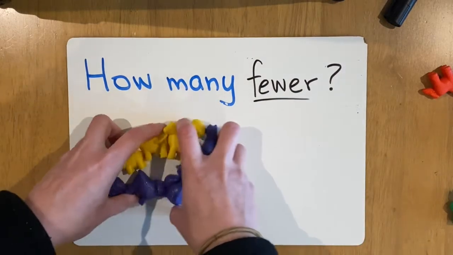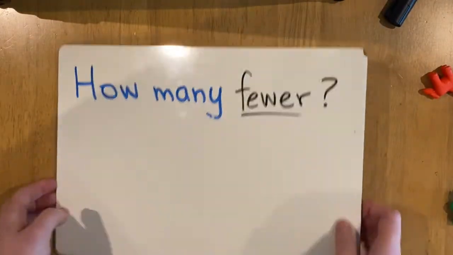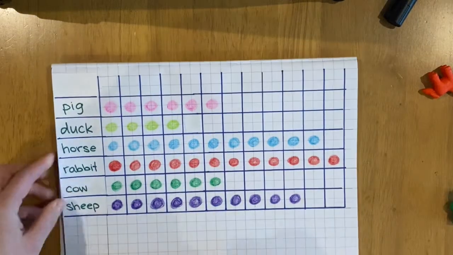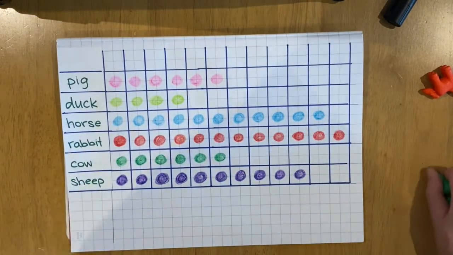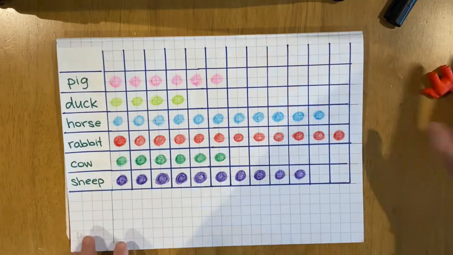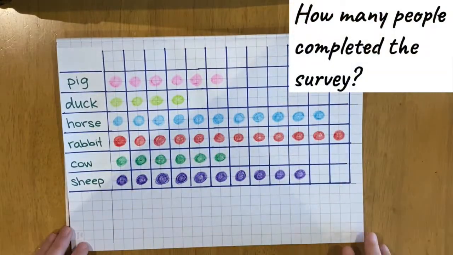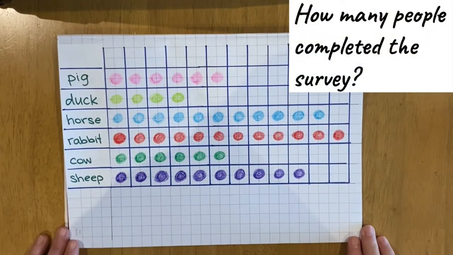So now that we've done some revision about more and fewer, we are going to be looking at our pictogram that we made yesterday, and we're going to be gathering some information about it. So the first question is, how many people completed the survey?